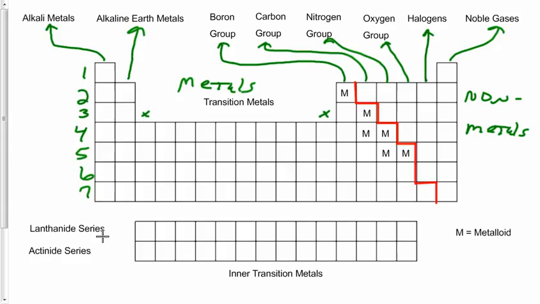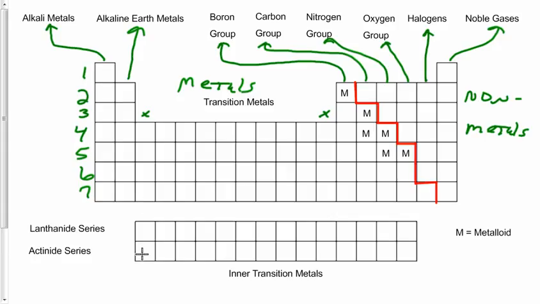But there are two series, the lanthanide series and the actinide series. And why are they called that? Well, lanthanide series starts here, really, but we start from here and go all the way to this side here. They're pulled out separately because it saves space when we're looking at them. And then the actinide series, I guess, essentially starts here, but we'll call it down here.